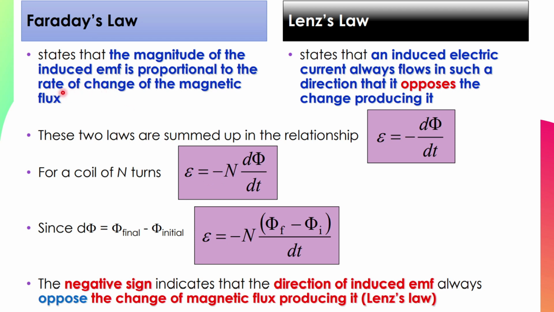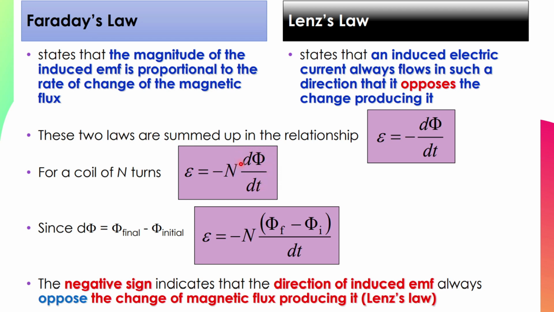Bila ada perkataan rate, mesti berkait rapat dengan perubahan masa. The rate of change of the magnetic flux, this is the change of the magnetic flux over the change of time, d phi over dt. d phi over dt here is the rate of change of the magnetic flux.